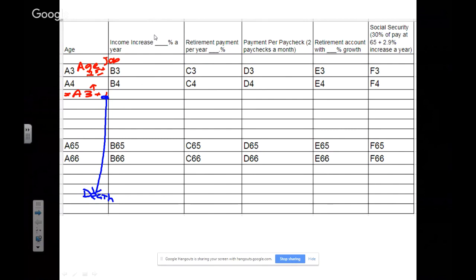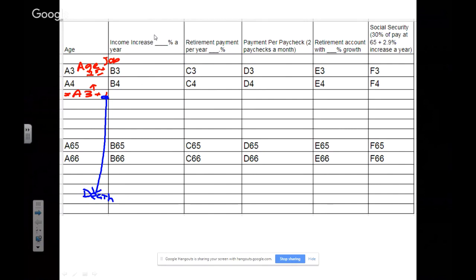Income increases percent. So before I was giving you these without them being blank. I'm going to make them blank. I think that makes life a little bit easier. What do we put in B3? B3. What goes in B3? Starting income. Yep.